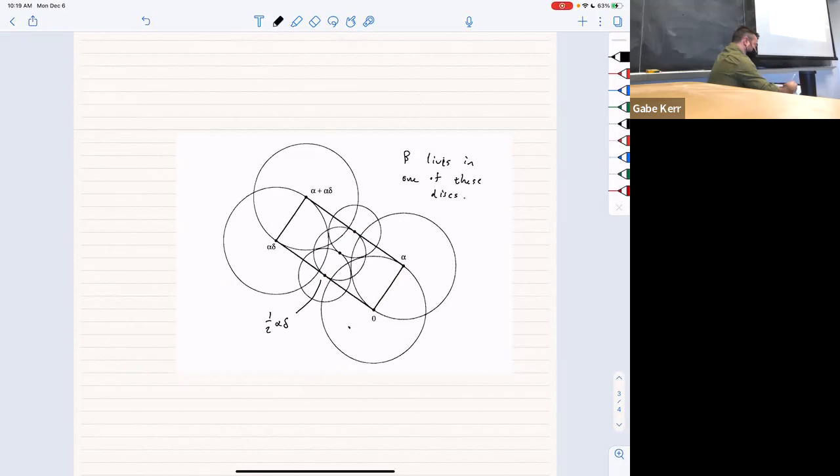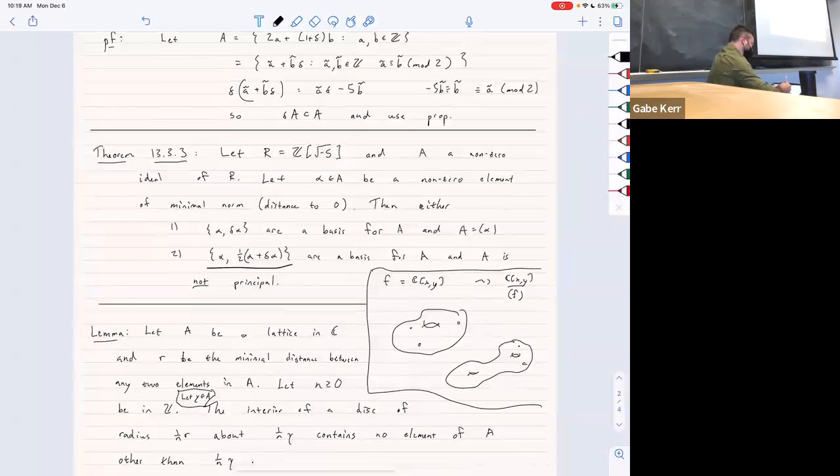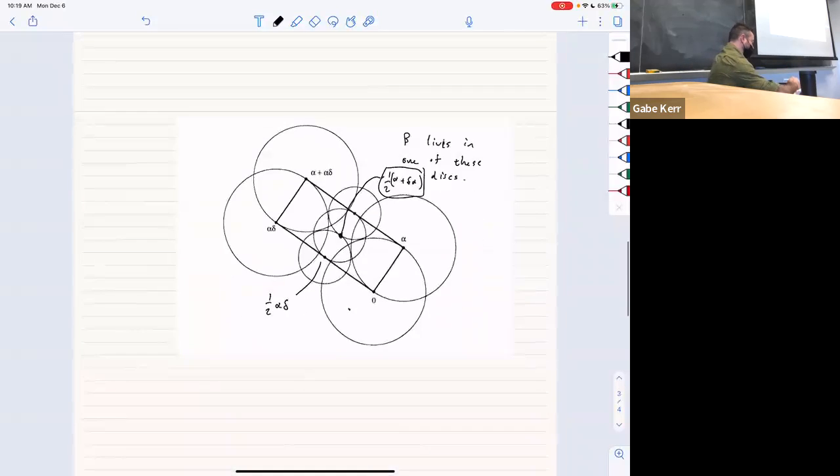Or it could be this point. That point is 1/2 alpha plus delta alpha. So if it's that point, guess what? We're in the other case right here. The only thing we need to do, and then we're done, is just rule out this case.